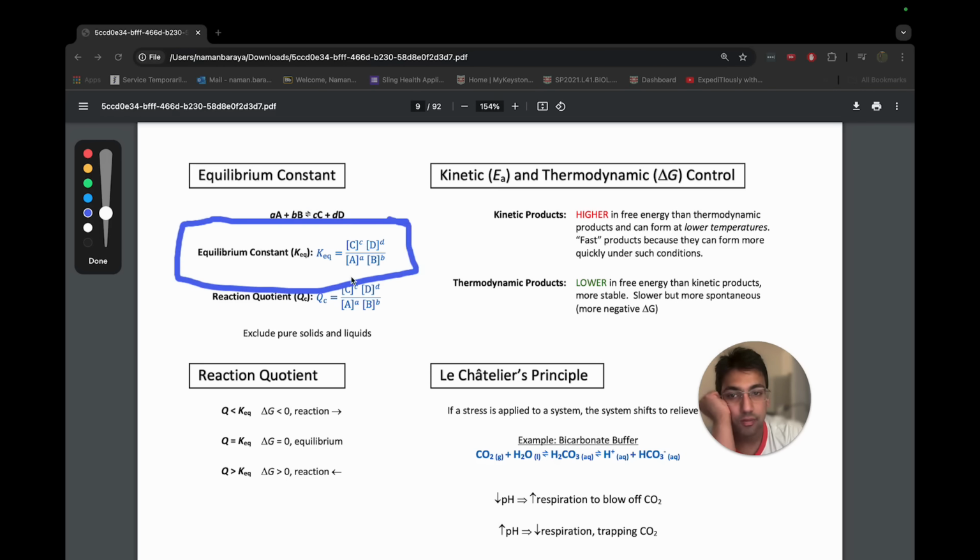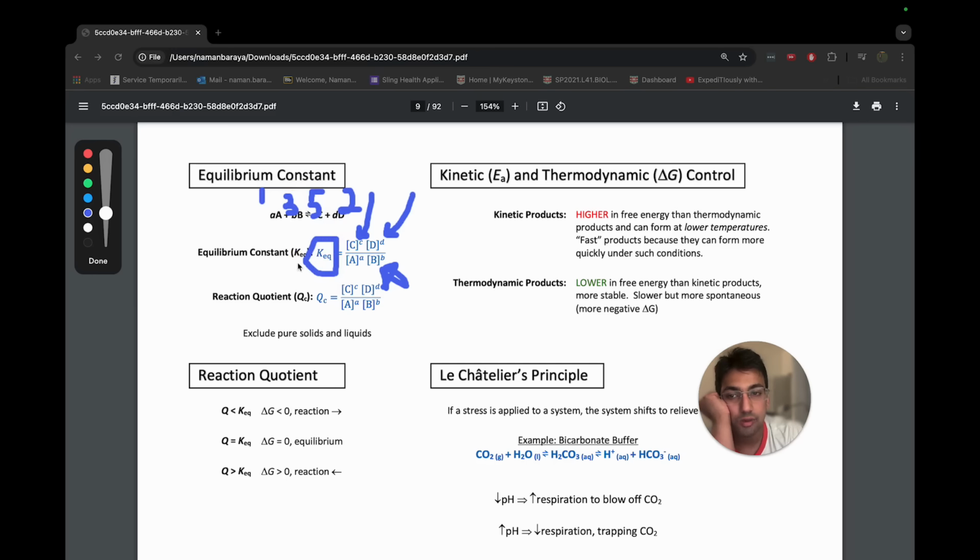By figuring out what this value is, basically what you're doing is taking the molarity of the substrates of these compounds. So let's say I told you I have 5 molar of this, and 2 molar of this, and 1 molar of this, and 3 molar of this. That's going to tell you the Keq, the equilibrium constant here.